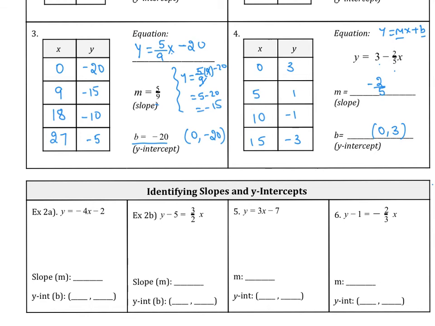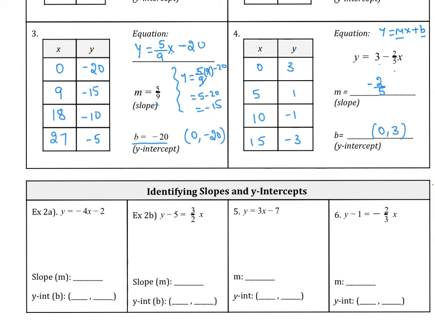So when you choose 5 here, 5 and 5 cancel, you're going to get 3 minus 2, that is 1. And when you choose 10 here, 10 divided by 5 is 2, so 2 times negative 2 would be negative 4. 3 minus 4 would be negative 1. Now I'm choosing 15 for x.